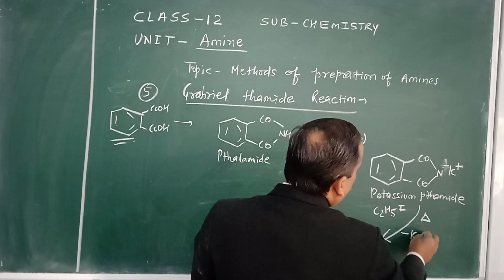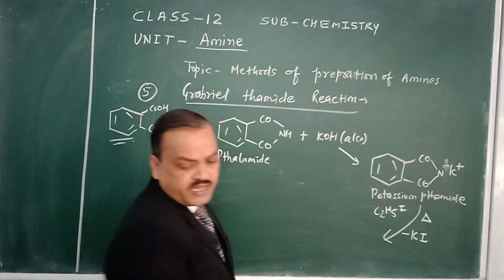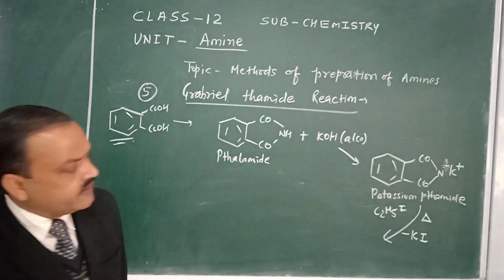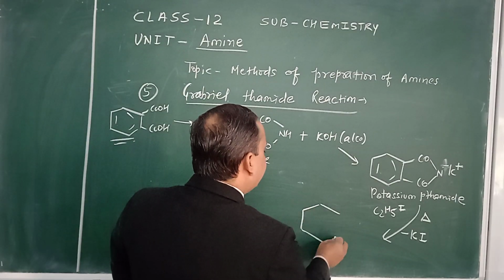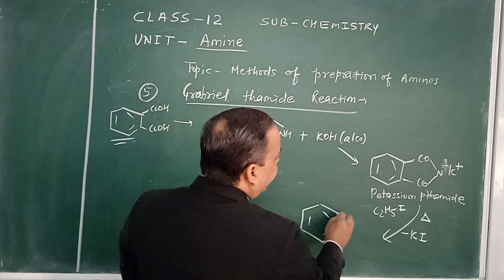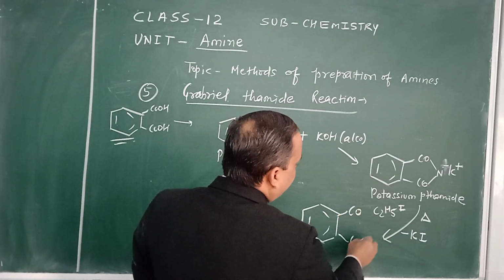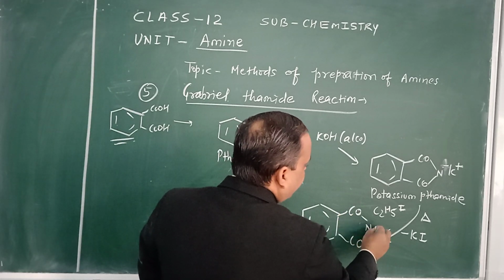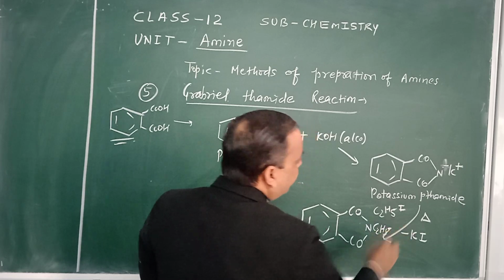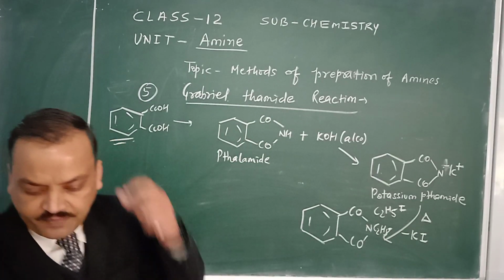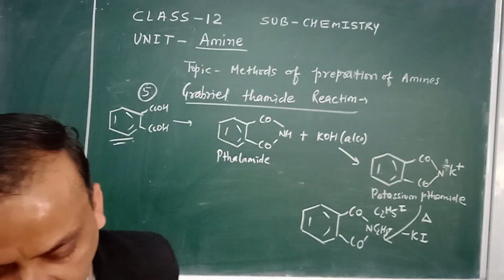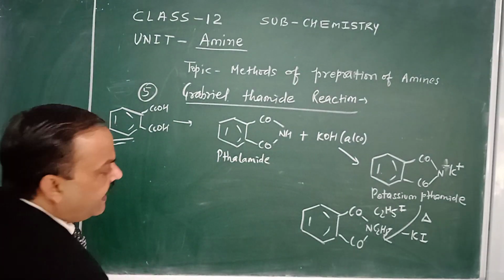When we liberate the KI, the C2H5 group is added on this, and then after that we have hydrolysis of this.